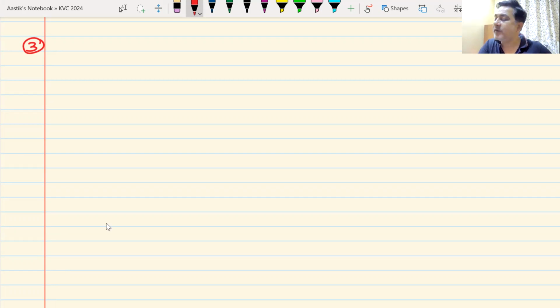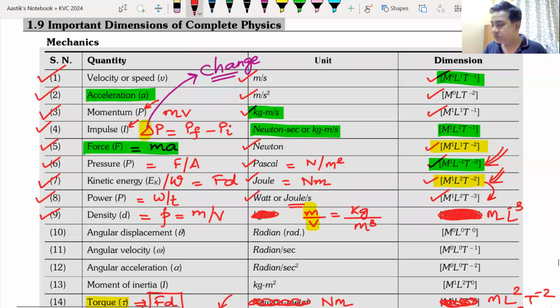Let us go back and see where I have done this. If I take you back to the very first quantity that we discussed, velocity, I had divided distance by time. Distance by time gives me speed. That's how I got velocity. In the second term, acceleration, I divided velocity by time.